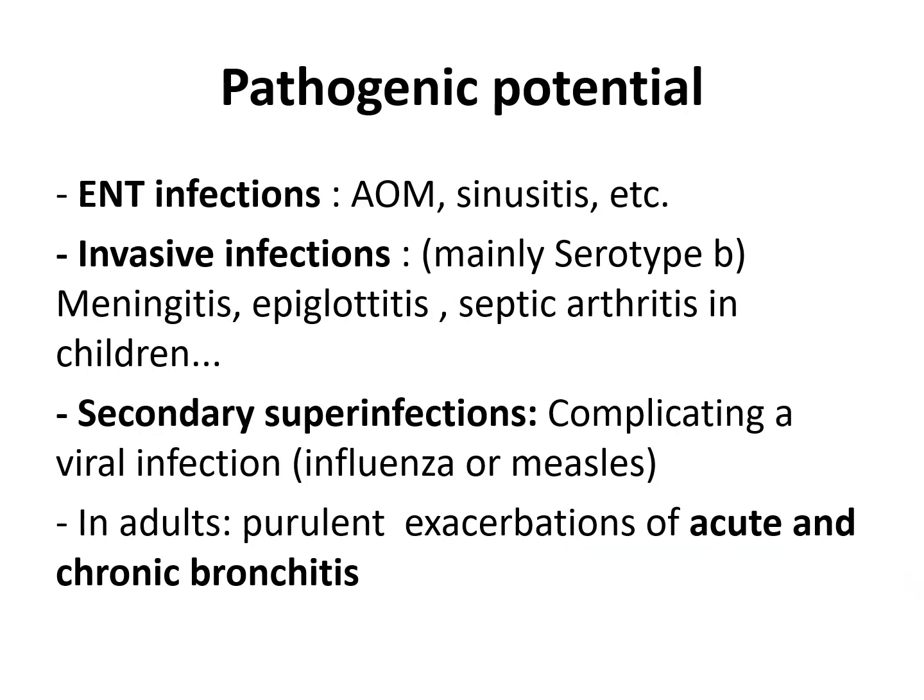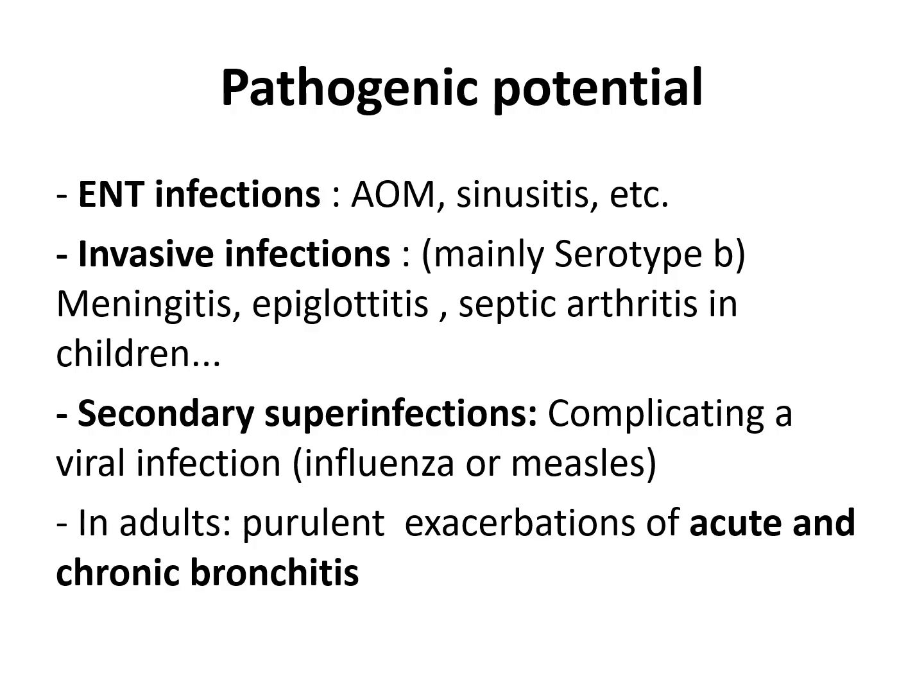What is the pathogenic potential of Haemophilus? It causes a variety of infections. First, it's a common cause of ENT infections such as acute otitis media and sinusitis. Second, as mentioned, serotype B is responsible for serious invasive infections in children, including meningitis, epiglottitis, and septic arthritis.